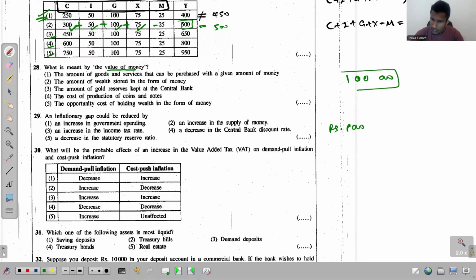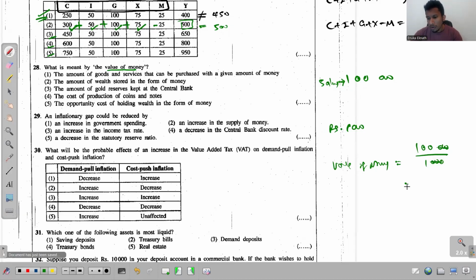So this is your, let's say, salary or whatever the rupee amount that you have, and this is the price of the good. And if you calculate the value of money, it gives you the number of goods that you can purchase by this given rupee amount. So for example, in this given case, 100,000 divided by 1,000 will give you 100, and that's the value of money. So if I ask this question once again, what's the meaning of this 100?